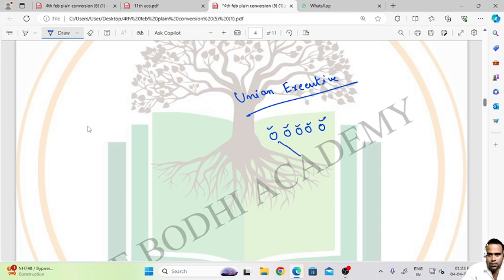They are headed by the President and the Vice President. And both the President and the Vice President are suggested by the Prime Minister. So this is the entire decorum on how the Union Executive works.